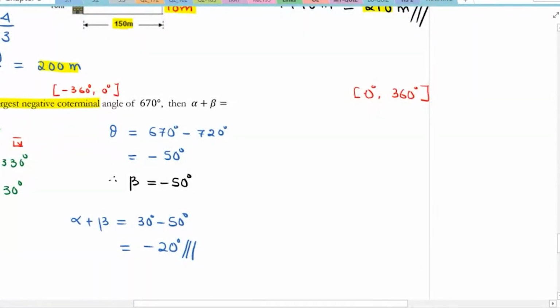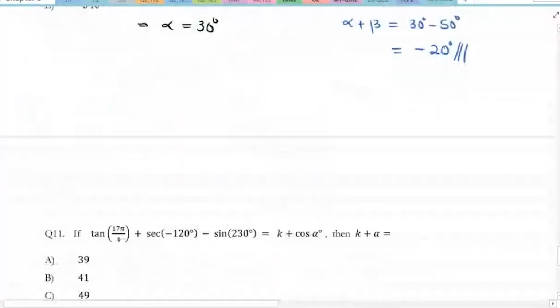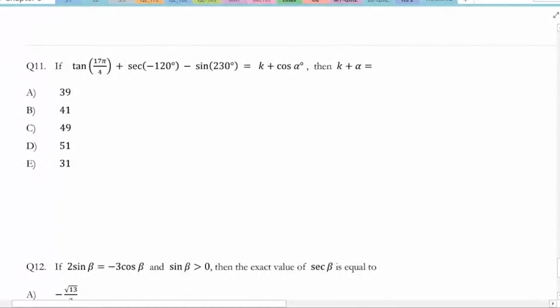Smallest positive coterminal: angle between 0 and 360 degrees. Largest negative coterminal: between minus 360 and 0. Can you see the difference? Yes. All right. Okay, gentlemen, 11.